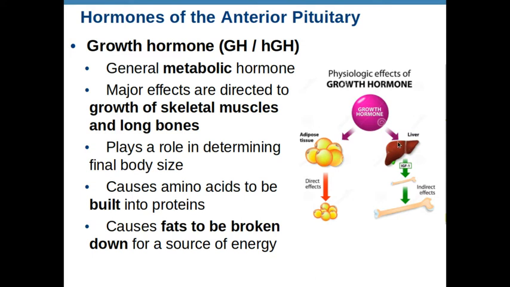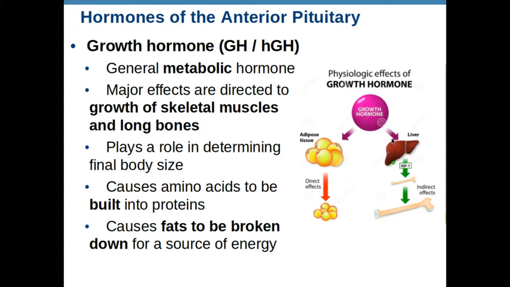The cool thing about growth hormone is that this liver, once it has bound to growth hormone, it releases a thing called IGF-1, so insulin-like growth factor. That hormone actually travels to different targets like bones and muscles and areas that are needing to actually do the growing that growth hormone makes possible.